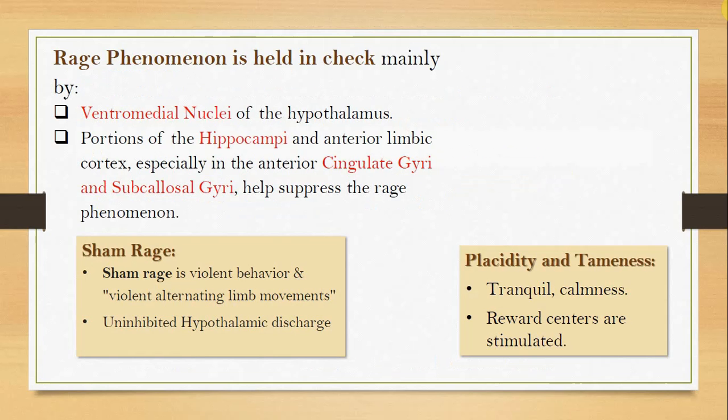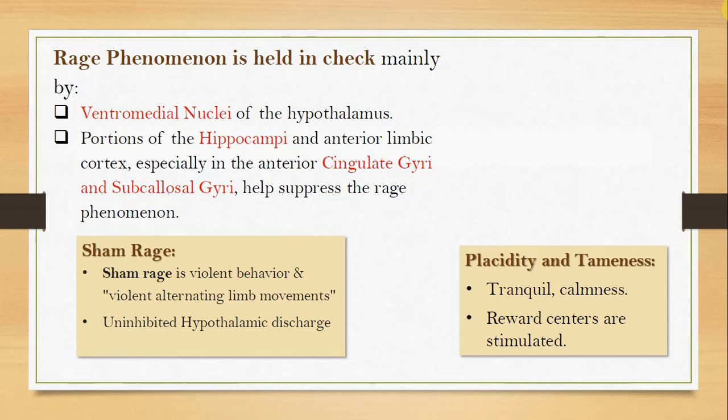This rage phenomenon is held in check mainly by the ventromedial nuclei of the hypothalamus and some portion of the hippocampi and anterior limbic cortex, especially the anterior cingulate gyri and subcallosal gyri, which suppress the rage phenomenon. Now, placidity and tameness, or tranquility and calmness, occur when the reward centers are stimulated. And there is something called sham rage.